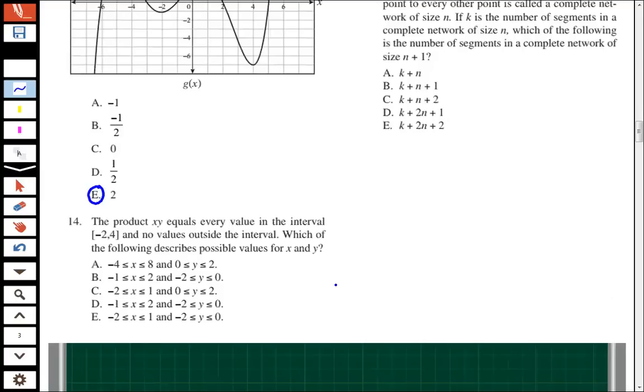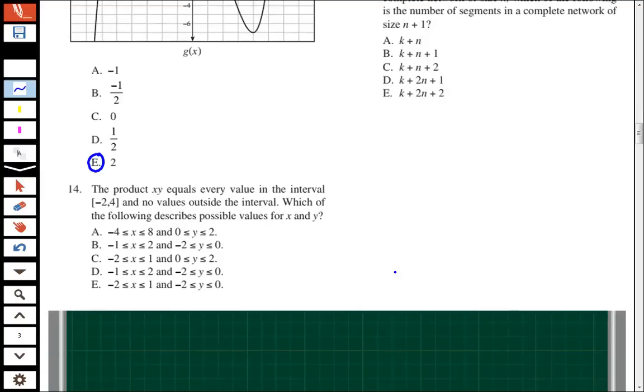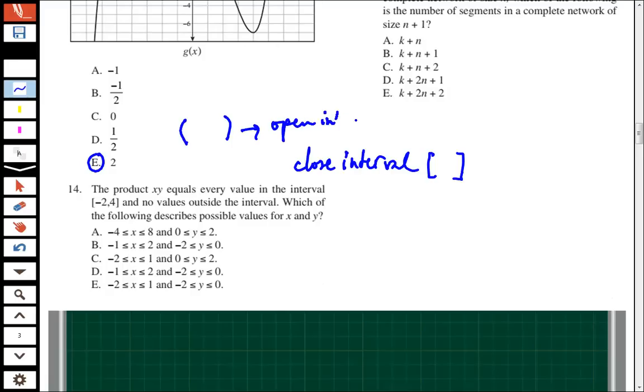Question number 14. The product xy equals every value in the interval, and this is a closed interval. There is an open interval.